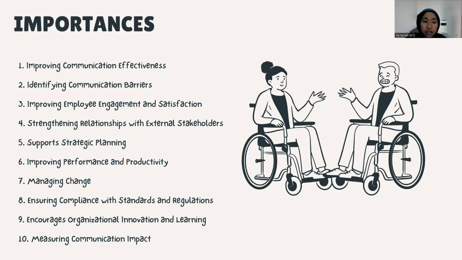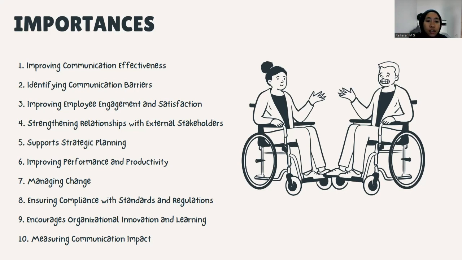The sixth is improving performance and productivity, and then managing change, and then ensuring compliance with standards and regulations. And the ninth one is encouraging organizational innovation and learning. And the last one is ensuring communication impact.